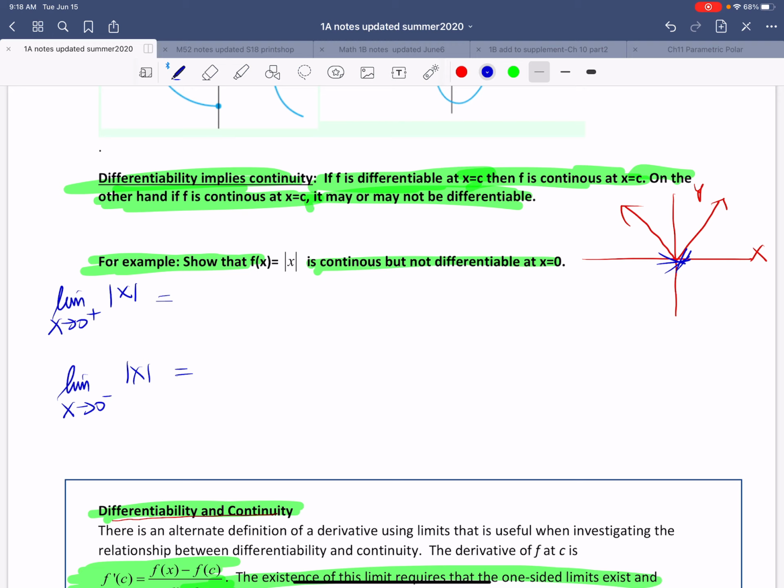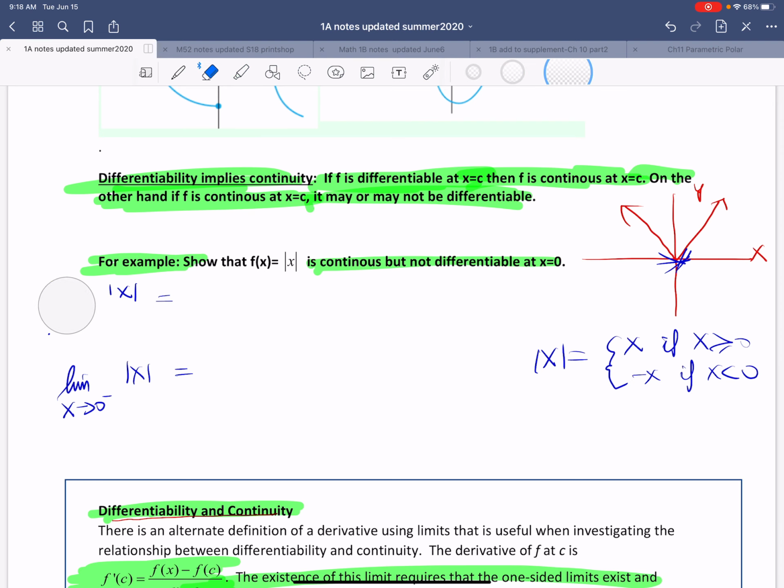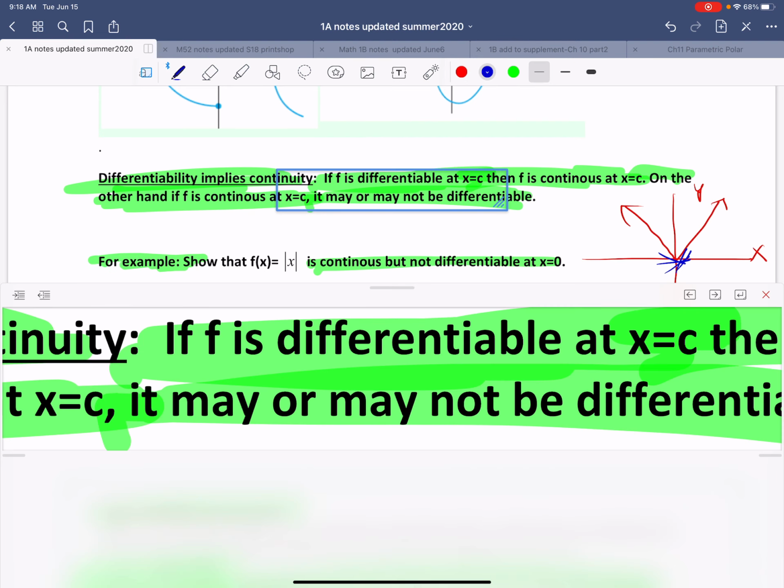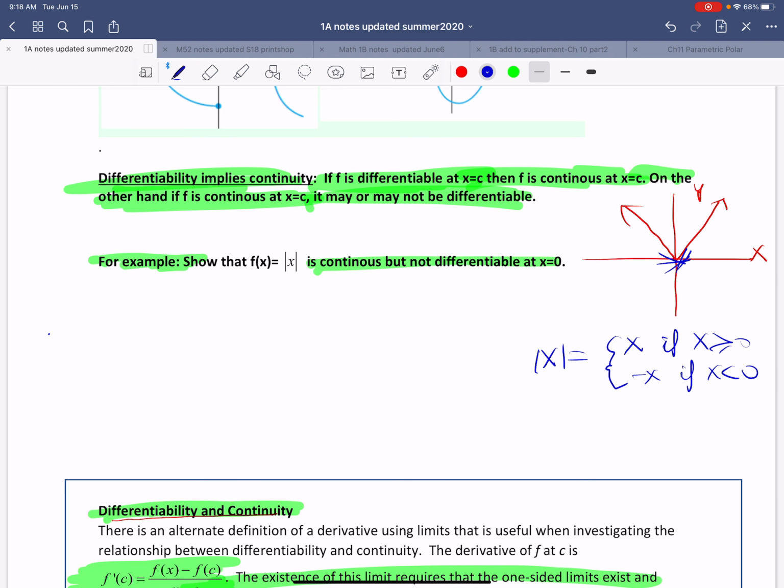We know the definition of the absolute value of x. The absolute value of x is equal to positive x if x is greater than or equal to 0, and it's the opposite if x is less than 0. Let's go ahead and find both the left and right-sided limits here.